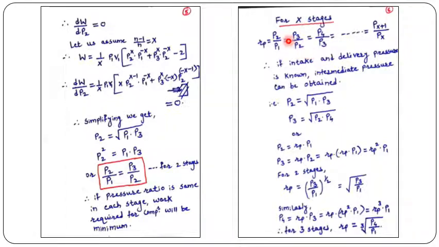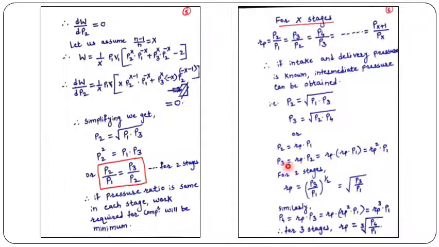Now, it is okay that pressure ratio is the same. How to obtain intermediate pressure? So, we will derive that. If I take P2 as under root of P1 and P3, that I have already obtained, right. So, P2 by P1 is equal to the pressure ratio. So, P2 can be written as Rp into P1, P3 can be written as Rp into P2, and P2 is Rp into P1.